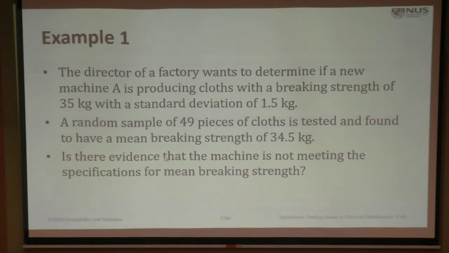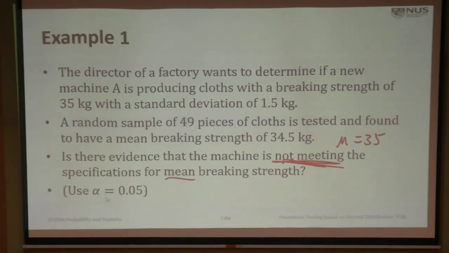We are asked whether it's not meeting the specification. And what's the specification about the mean? The specification is mu equal to 35. Our question is whether it's different from this. It did not say whether it's bigger than 35 or less than 35. So our new belief is that it's different from 35, whether it's shifted. All right?